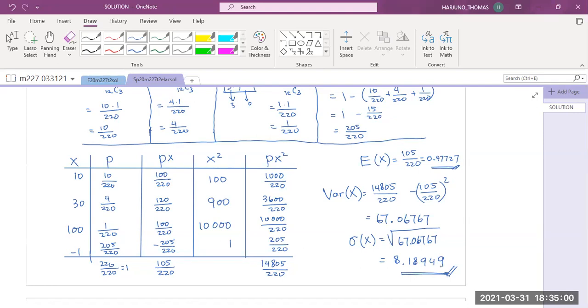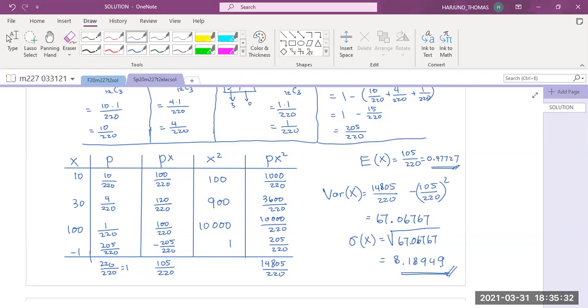Let me check my computation again. Okay, but I don't think I get it wrong. No. I think I made a miscomputation.